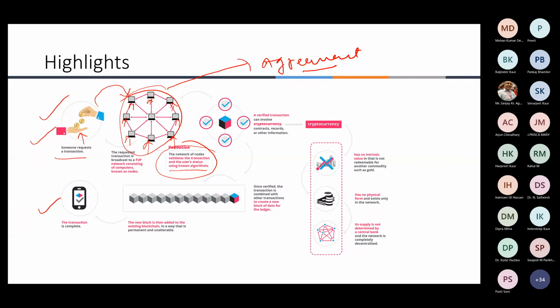Once that agreement has been reached that the transactions are valid, they become a part of the block, and then this block is added at the end of the chain, and the size of the chain goes on increasing. There may be certain transactions which cannot become part of the block because those transactions have not been validated by all of these validator nodes.